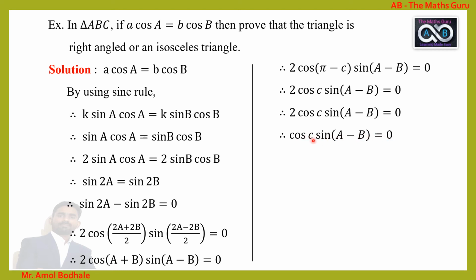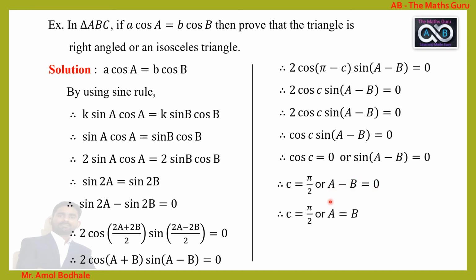So the product of 2 terms is 0. That means either the first is 0 or the second is 0. So therefore cos c equal to 0 or sine of a minus b equal to 0. As cos c is 0, we know cos is 0 for 90 degrees. Therefore c is equal to pi by 2. And here sine is 0, that means sine is 0 for angle 0. So a minus b should be 0.